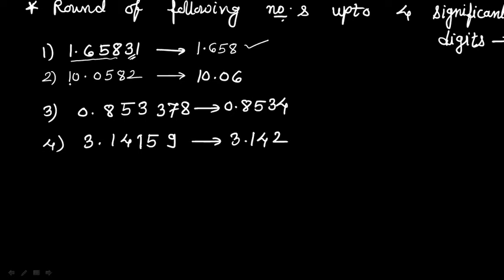Now here 10.01058. The number is 8. We reduce this number; this 8 is greater than 5. Therefore we add 1 here and write down 10.0106.